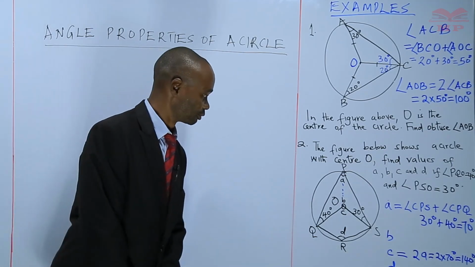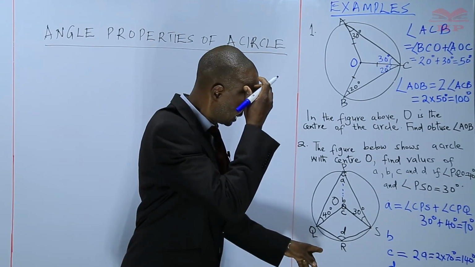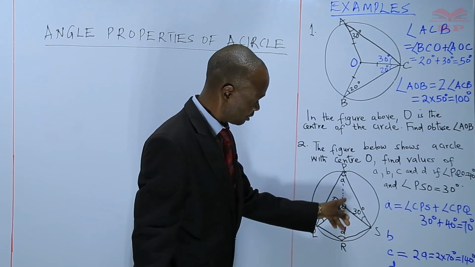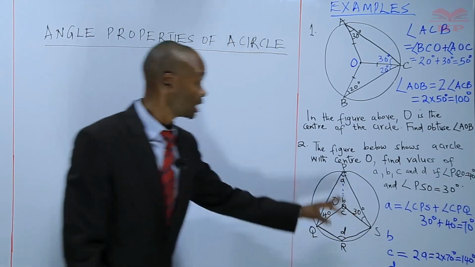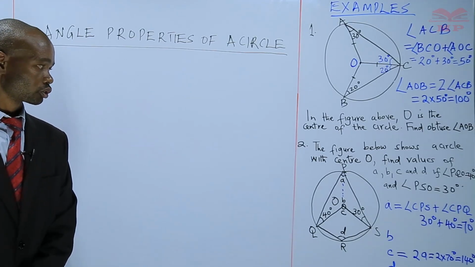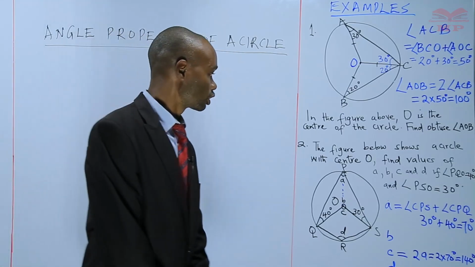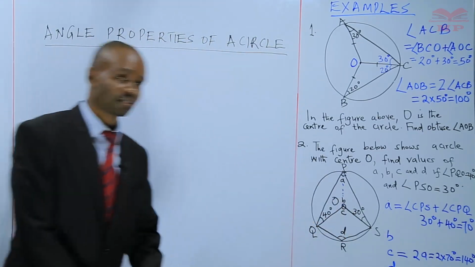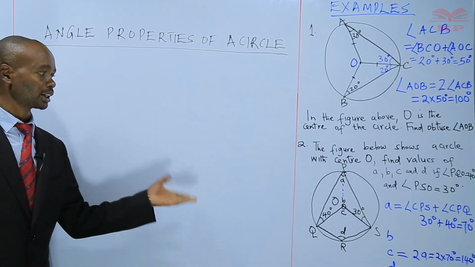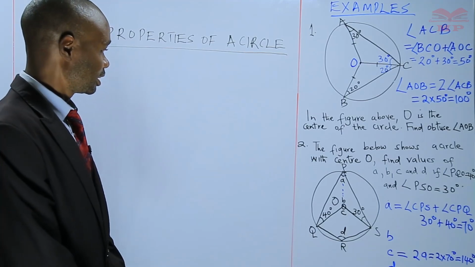Having got C, we know very well that we have now C and B. The relationship between B and C, they add up to 360 degrees. For many who don't know, B is also called a reflex angle. It has a value between 180 and 360 degrees.